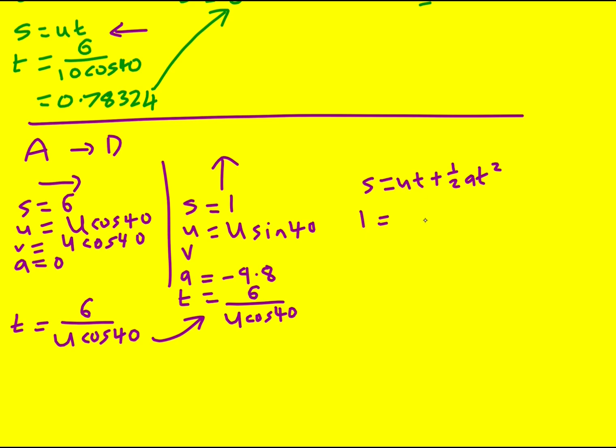So we're going to get U sine 40, but then we're going to be times-ing them by 6 over U cos 40, and I can put the 6 here. And then it's going to be minus 4.9 times 6 over U cos 40 all squared.